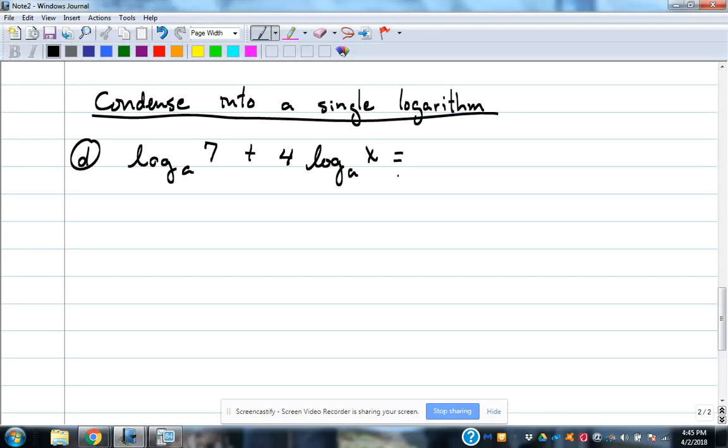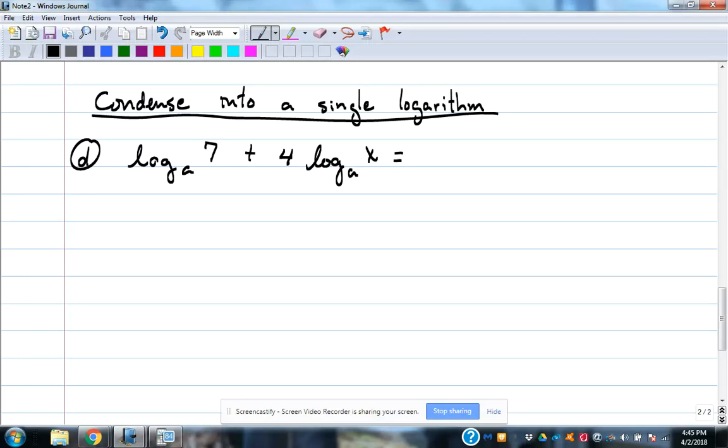If the bases are different, then you can't combine them back. They don't do that to you in college algebra. They're going to give you everything. Either a couple of pieces have the same log base and a couple other pieces have a different log base. That's the most complex they'll give you. Most of the ones you're going to see in Math 140, they all have the same log base. So here, both of them are log base A.